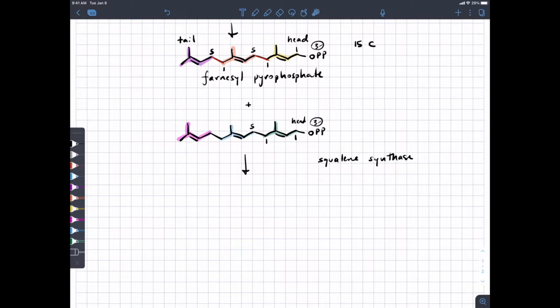And in the process, we're going to replace the bond between carbon 1 and the leaving group on each molecule of farnesyl pyrophosphate with a single carbon-carbon bond between green carbon 1 and yellow carbon 1. And that's going to involve a reduction reaction, going from something that used to have a carbon-oxygen bond to something that has a carbon-carbon bond. That's a reduction.